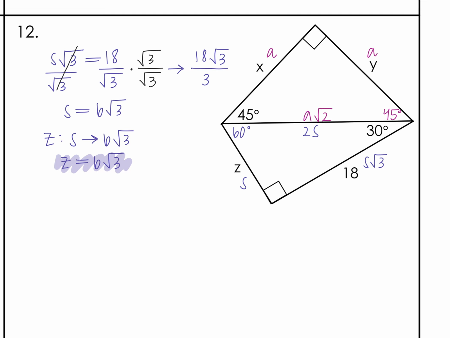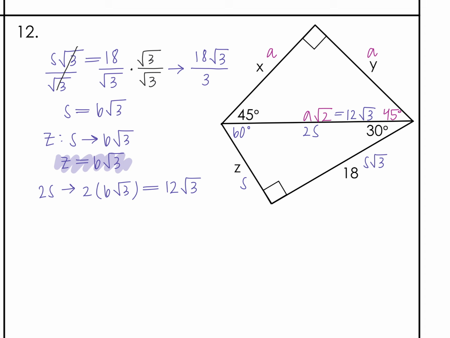Noticing that I know no side lengths in that triangle, and so therefore, I need to use the reflexive side there, that shared side, which means I need to know that side length. So I'm going to go back over here and I'm going to solve for my 2s. Okay, and that's going to be 2 times my 6 root 3, which will just give me 12 root 3. And so right here we know that this is going to be equal to my 12 root 3.